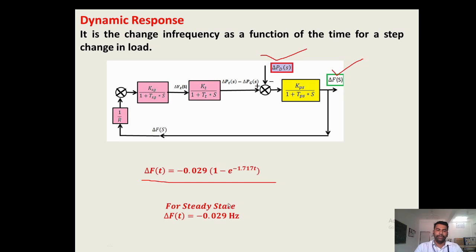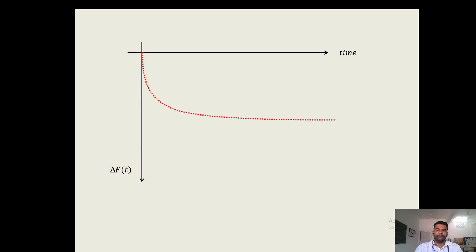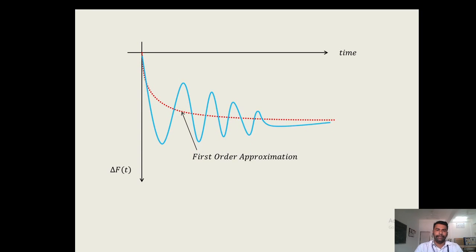When we plot the change in f of t, or change in frequency, with respect to time, we get the approximated graph like this. This is called the first order approximation, and this is the exact response of the system. So in this case what we have studied is that the frequency of the system is not exactly equal to 50 hertz.